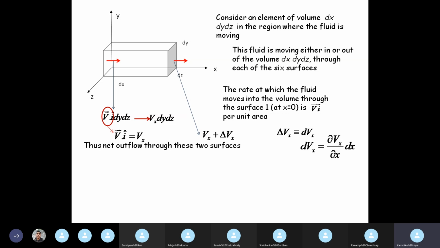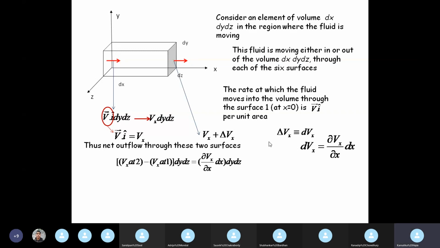net outflow: some fluid enters through the first surface, some fluid leaves through the second surface. So the net fluid, the result of fluid coming in through here and leaving through here, that is the net outflow through these two surfaces, is Vx at 2 minus Vx at 1, where this is 2 and this is 1, multiplied by the area dy dz.